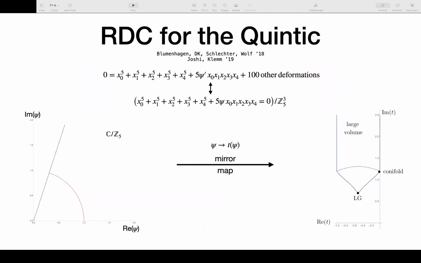Okay, so in our paper in 2018, we did this for the quintic. And for the quintic, which has h^{1,1} equals 1, so we only have one Kähler modulus, everything has been worked out in the past very explicitly.